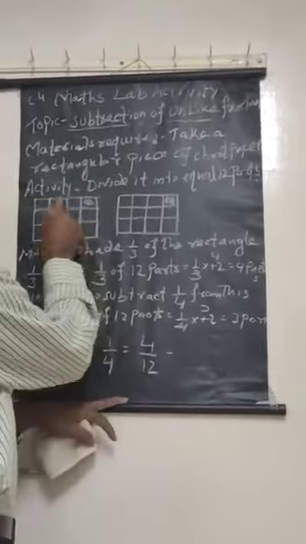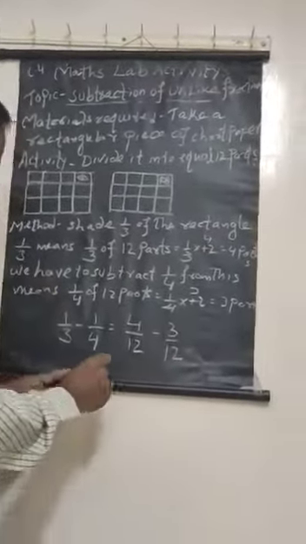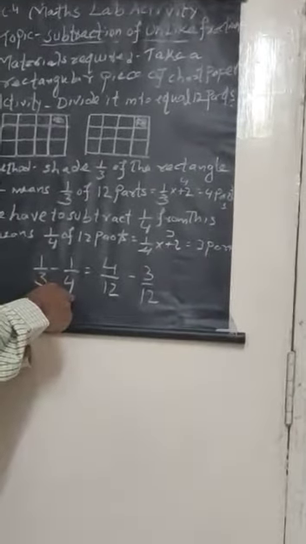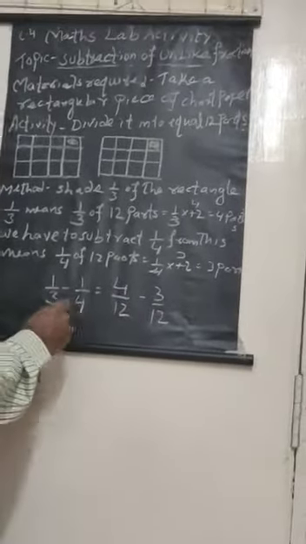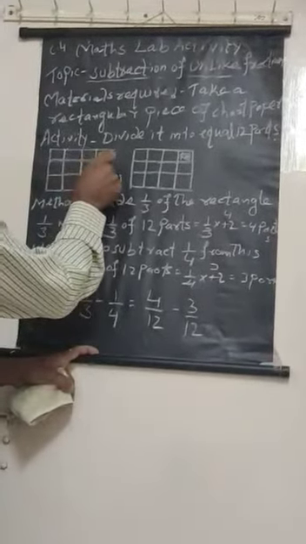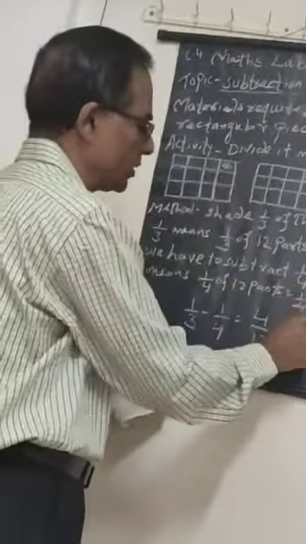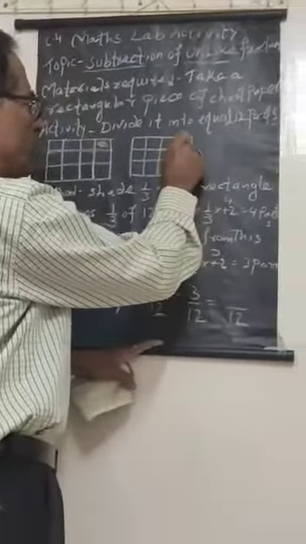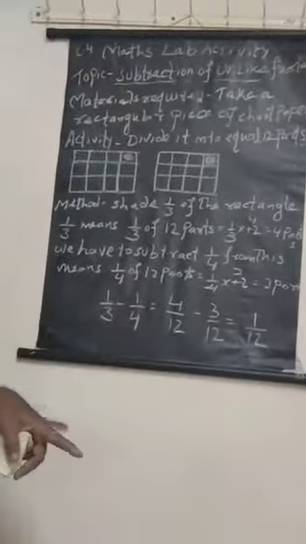And minus 1/4 means I have rubbed 3 parts, so 3 out of 12 parts, that is 3/12. Actually, this is your LCM: 3 fours are 12, and 3 and 4 are co-prime, so their product is the LCM. That is why 12 comes here: out of 12 parts I earlier shaded 4 parts, so 4/12, and after that I removed 3 parts, so 3/12. How many parts were left after rubbing? Only 1 part out of 12. So this is your answer, 1/12.